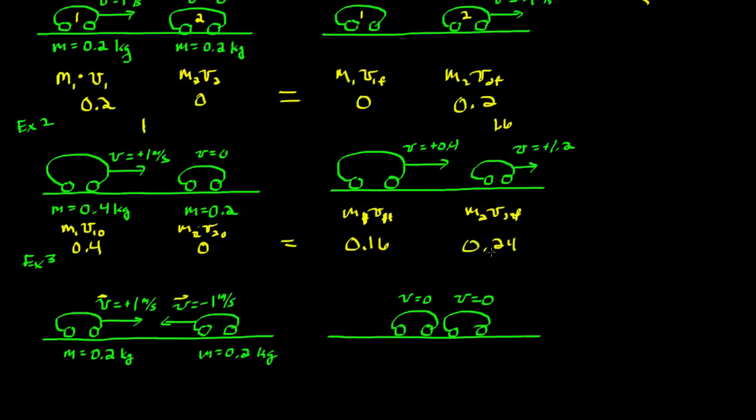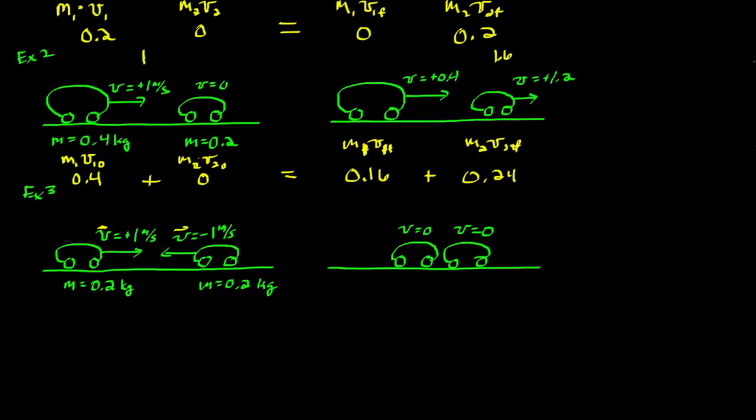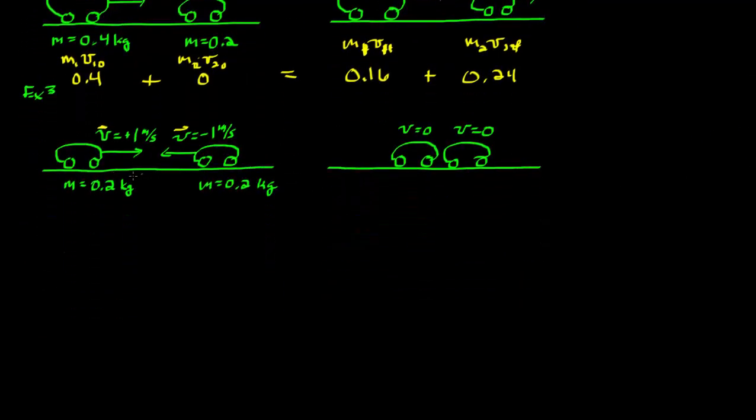Now I can see, well, if I add 0.24 plus, I get that side. So maybe this is true. Maybe if I add up this mass times velocity on each side, maybe it'll always be the same on each side. So let's check this last one, and then we'll get to our rule.